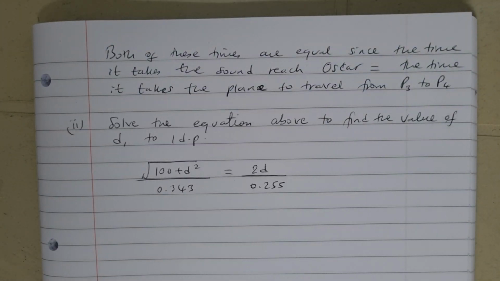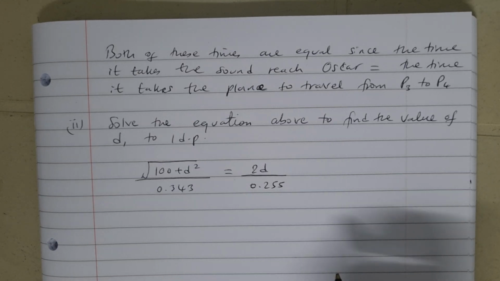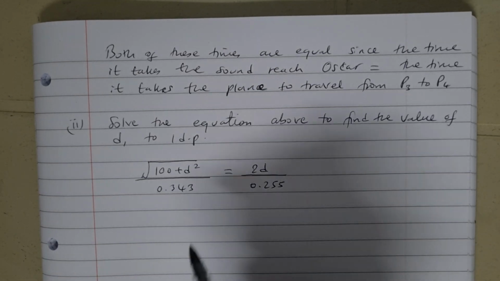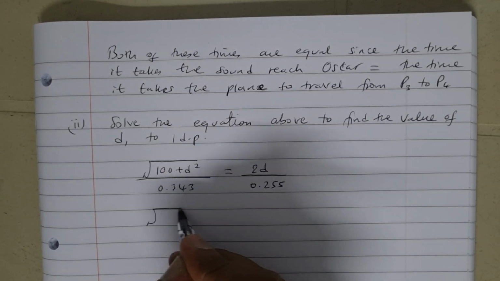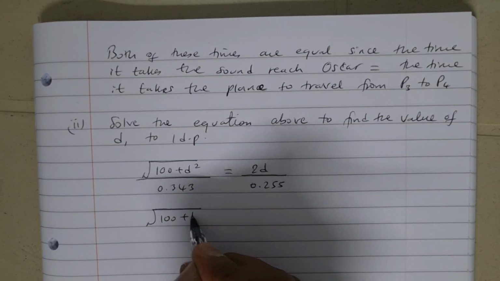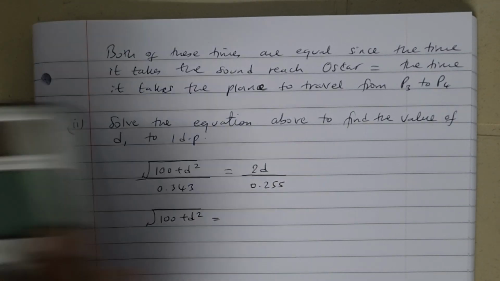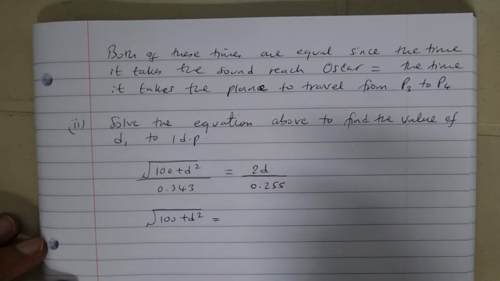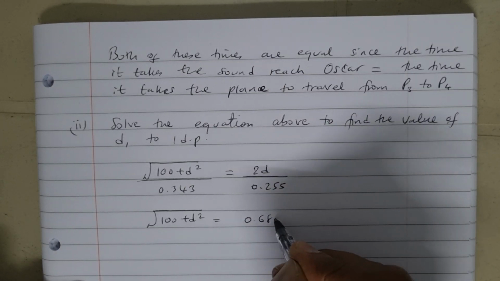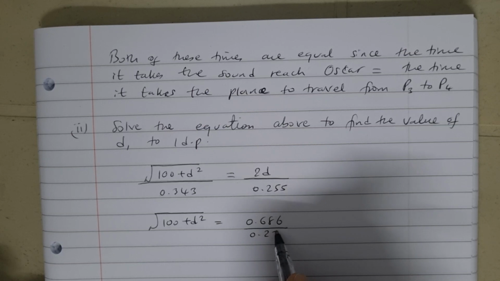The last part of the question: we need to solve this equation to find the value of d, correct to 1 decimal place. What I'm going to do is cross multiply. So the square root of 100 plus d squared is equal to 2d times this, which becomes 2 times 0.343, so that makes it 0.686 over 0.255.